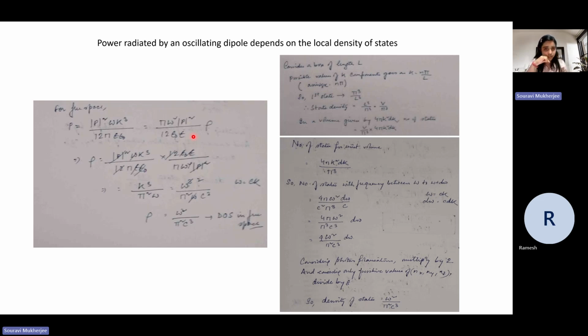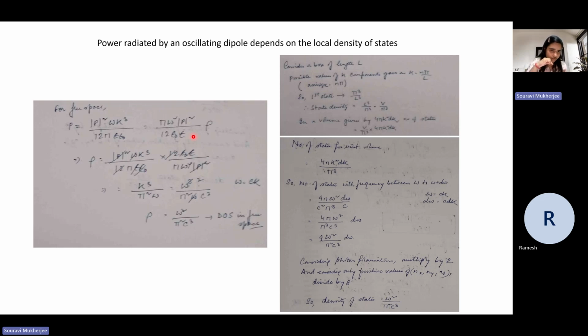So even there, if you have a fluorescent molecule, that will also act as a source. And then based on the density of states that are possible, the fluorescence can be affected.